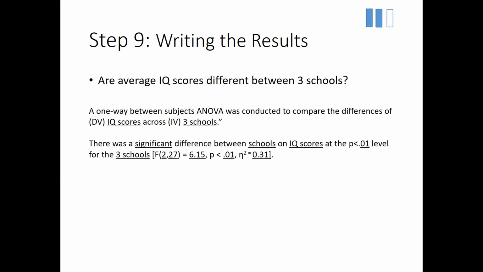Okay, ready? There was a significant difference between schools on IQ scores at the p < 0.01 level for the 3 schools. F value, right? Degrees of freedom, 6.15 is the F statistic, p < 0.01. Eta squared is 0.31, right? Got it?